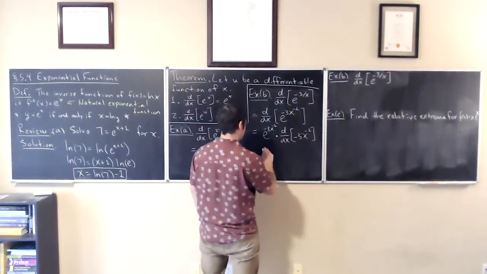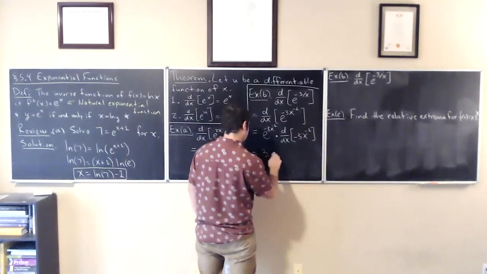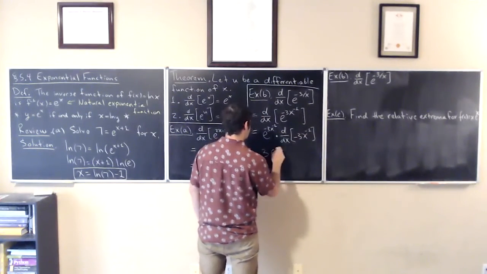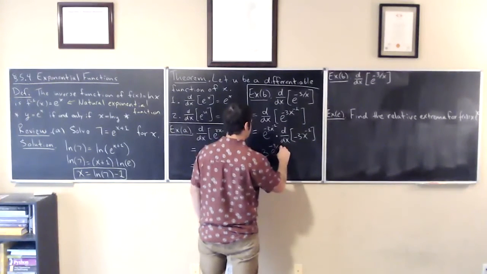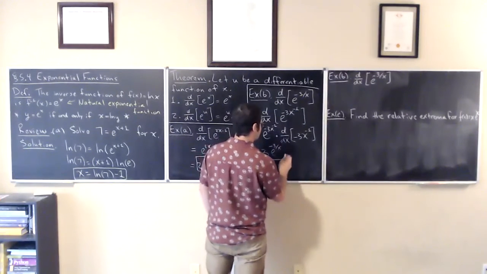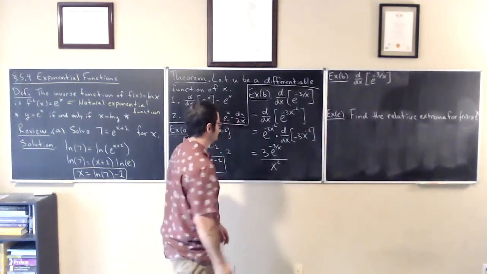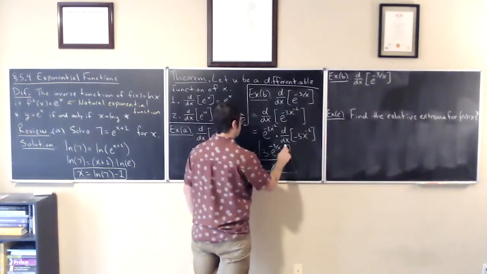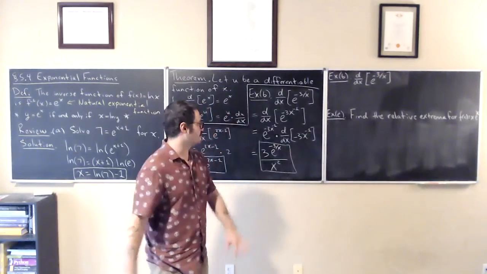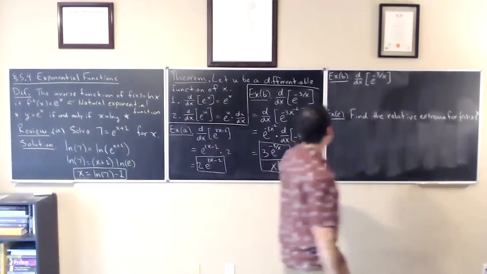So altogether, we're going to have 3e to the minus 3 over x, all over x squared, if you simplify everything out.